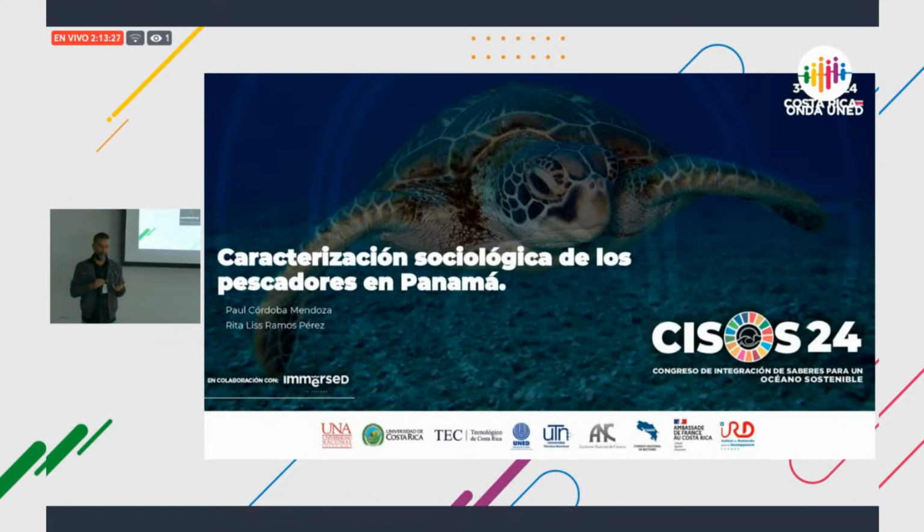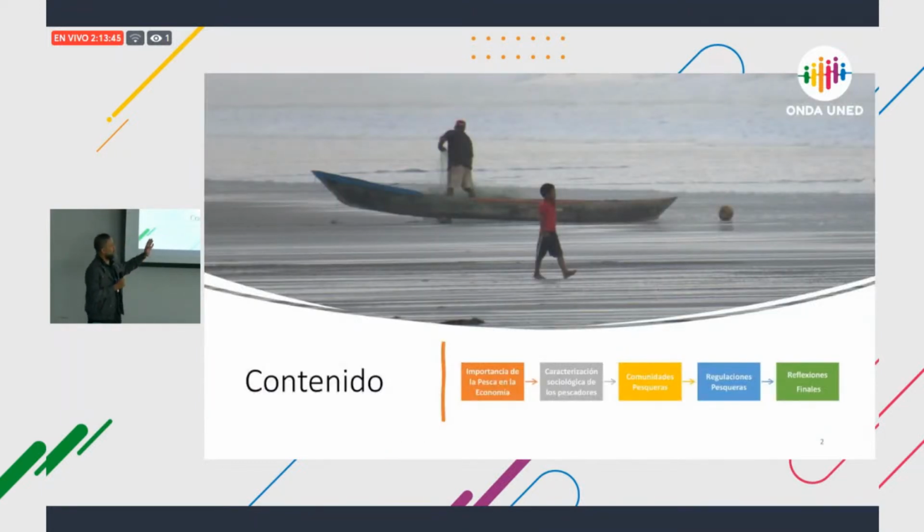To get to that, we looked for not only bibliographical research but also statistics on fisheries in Panama. And we were going to present what Rita wanted us to present, the sociological characterization of Panama fishermen as part of the context. So we're going to talk about four key axes: the importance of fishing, the sociological characterization of the fishermen, fishing communities and regulations, and final reflection.